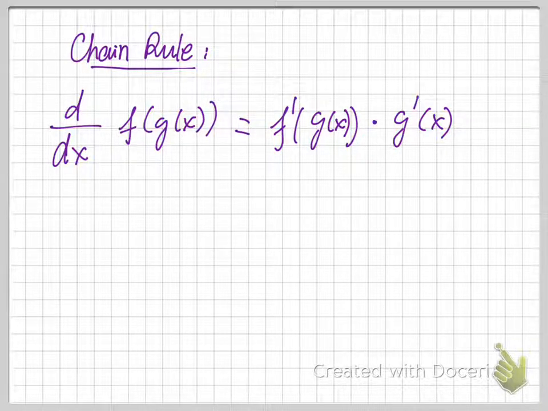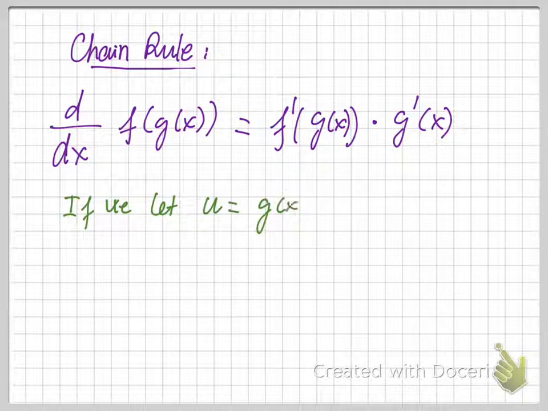Keep in mind, this derivative here is the derivative of the outer function f in terms of g of x. That means you find the derivative of f, but the input of that function should be the function g of x. And this is the derivative of g of x in terms of x. That means you find the derivative of g, and the input should be just x.